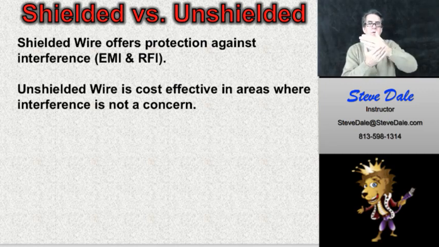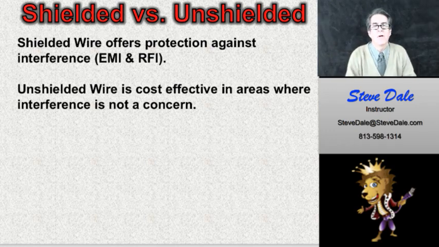If you cross that with a low voltage conductor, a signaling conductor like a communication conductor, that magnetic field can be induced into that conductor and can cause signal issues, attenuation, frequency problems. So you want to avoid that.